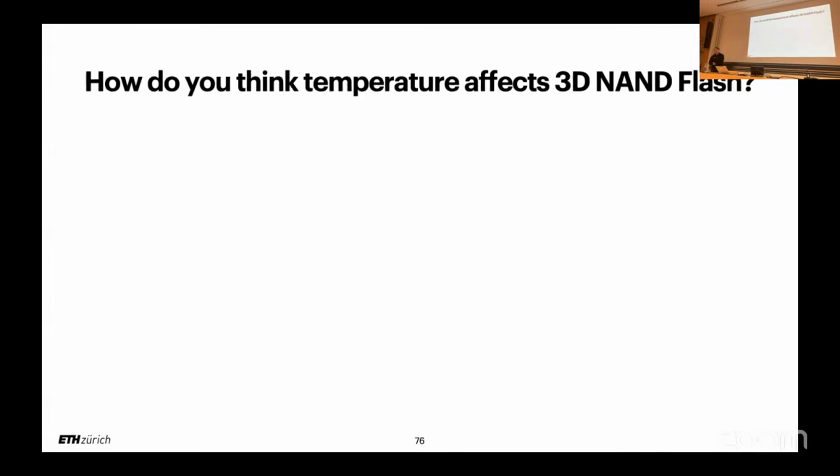As I mentioned in the weaknesses, I talked about how the paper didn't actually discuss temperature. So what do you actually think the effects of temperature are? And this is discussed in the HeatWatch paper.